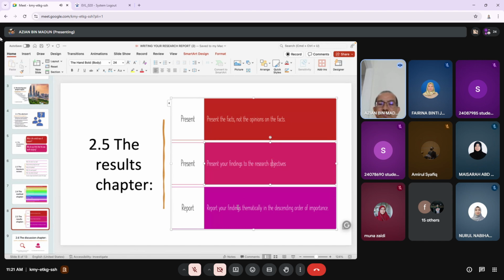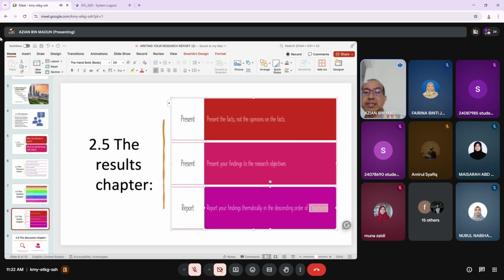Present and report your findings thematically in descending order of importance, especially when you're doing interviews, because sometimes the themes from your interview are not in order of importance, so you must arrange the themes of your interview properly.